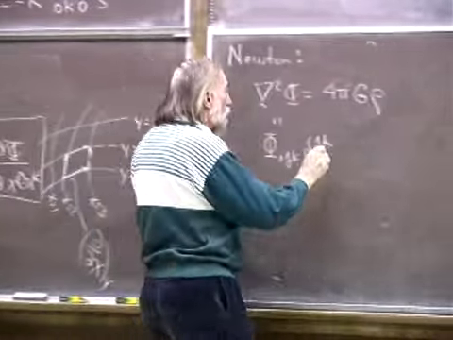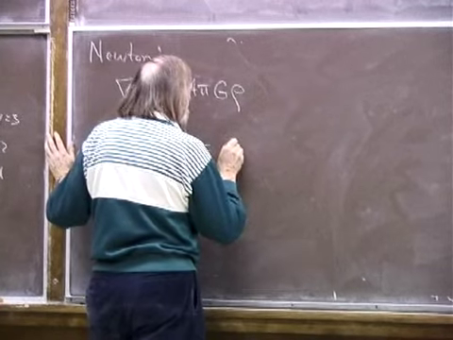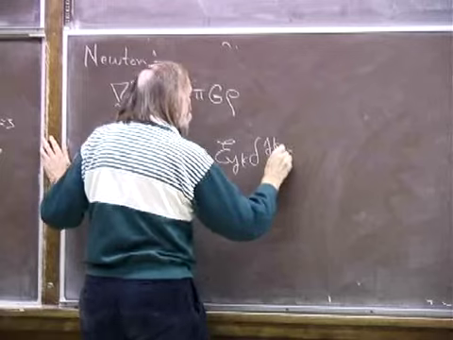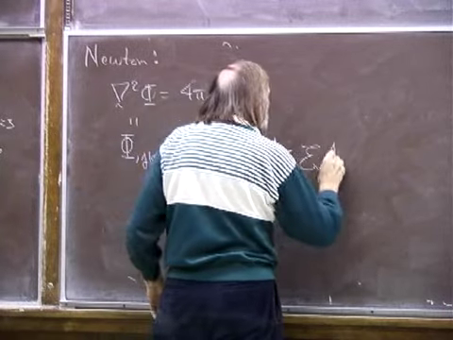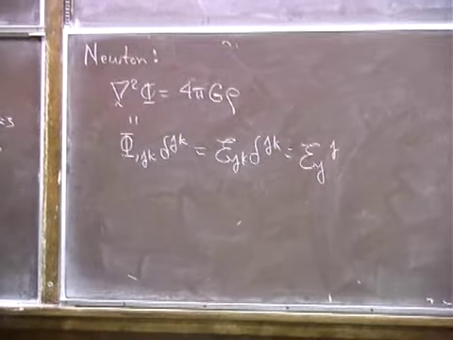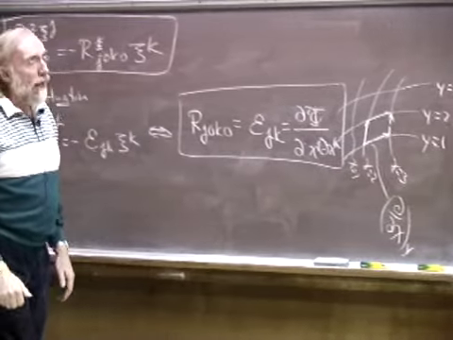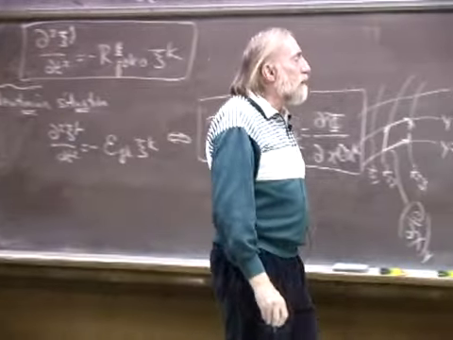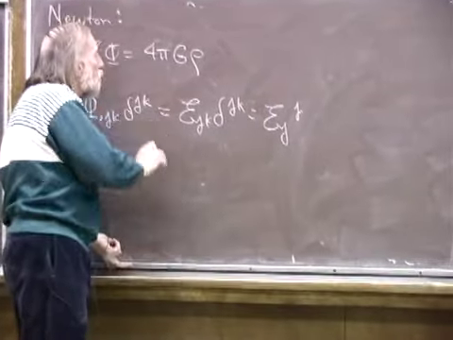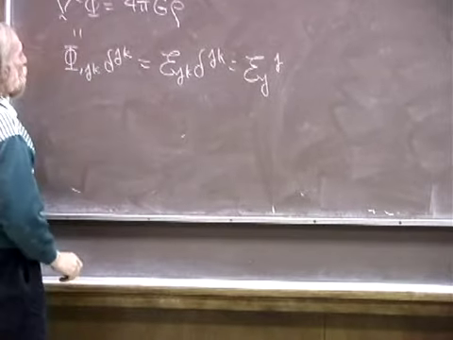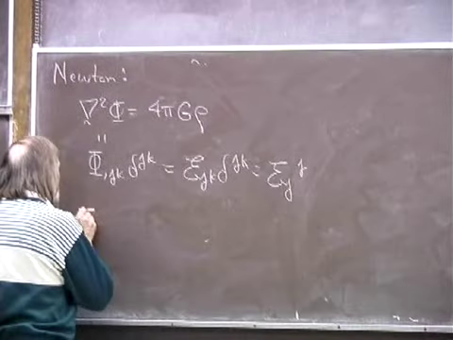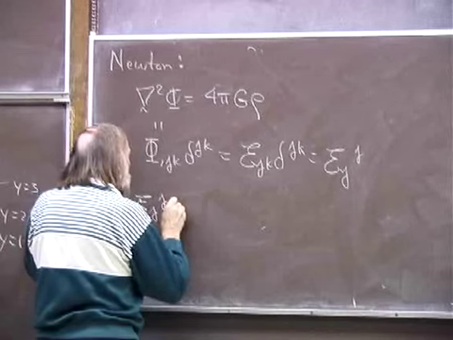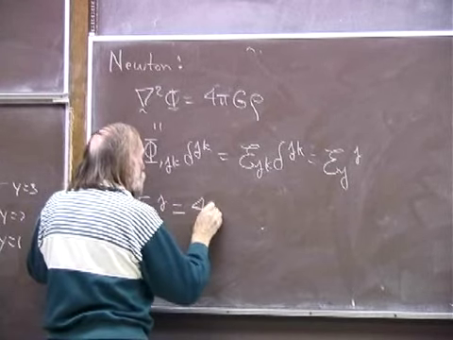So that's the same thing as E jk delta jk, or the same thing as E jj. It's just the trace of the tidal tensor. And so Newton's gravitational equation to determine the Newtonian potential just says that you take the tidal tensor, you take its trace, and that's equal to 4 pi G rho.